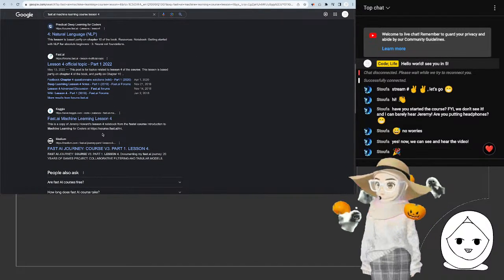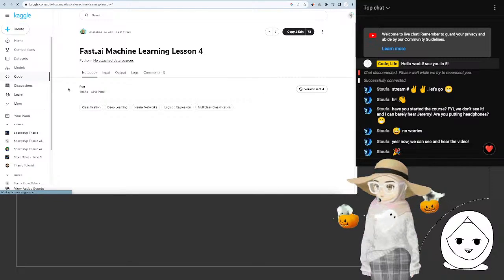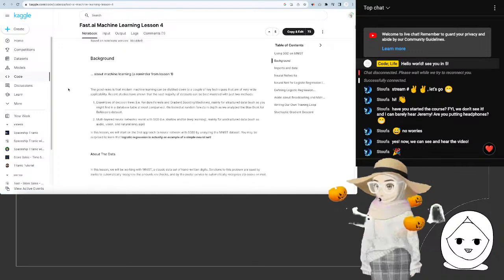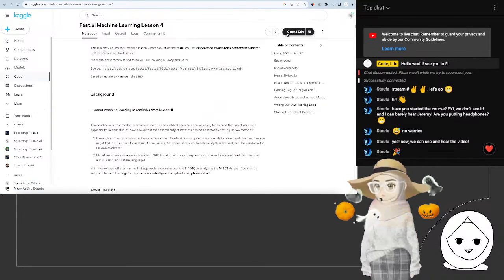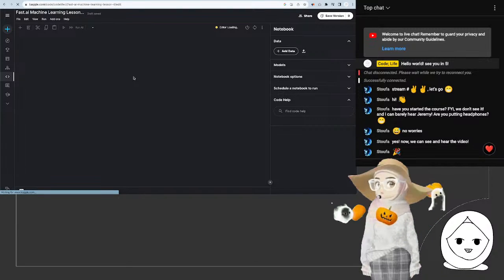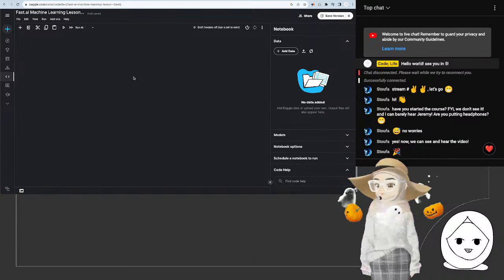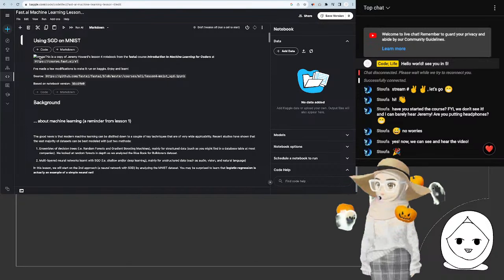Did I find it? Oh yeah, that's it. I see MNIST. These people are amazing. This is making me even more lazy. This is a copy, yes.